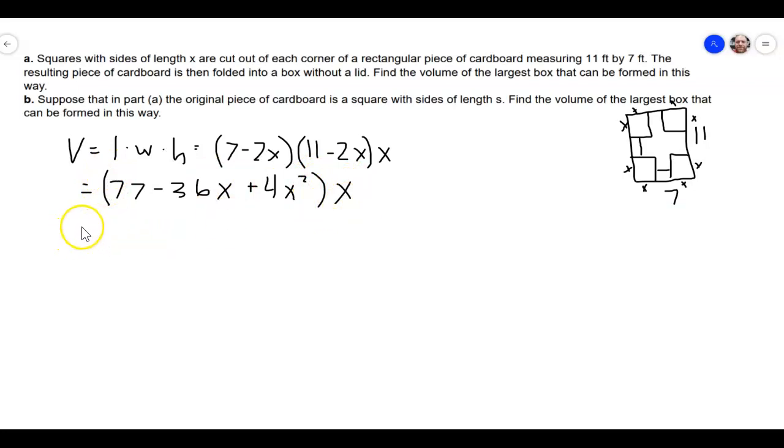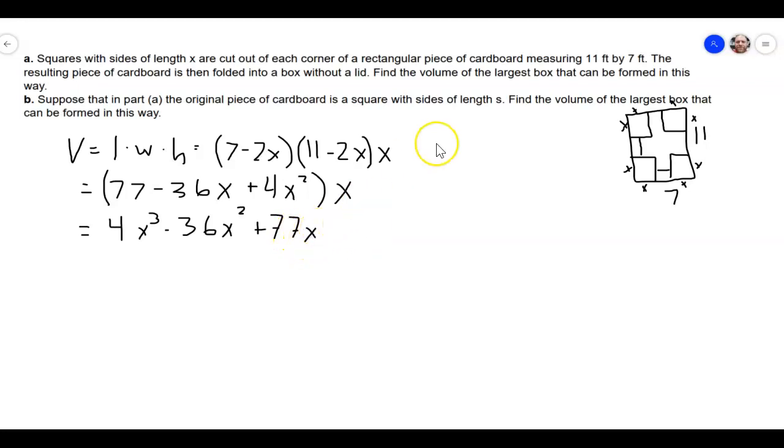So this is going to be equal to 4x cubed minus 36x squared plus 77x.